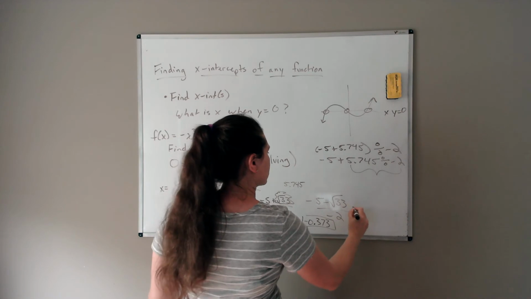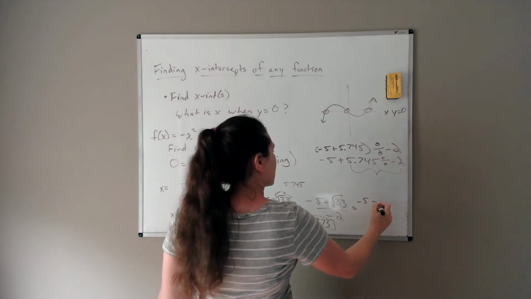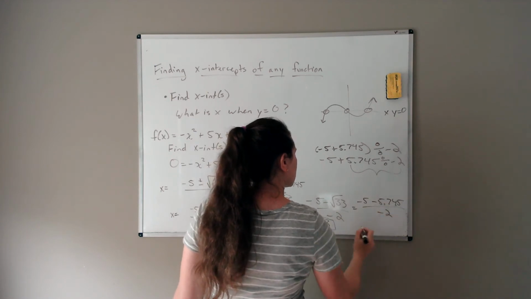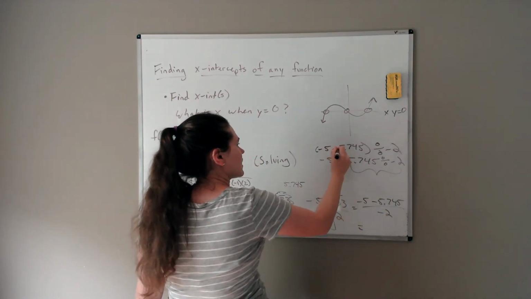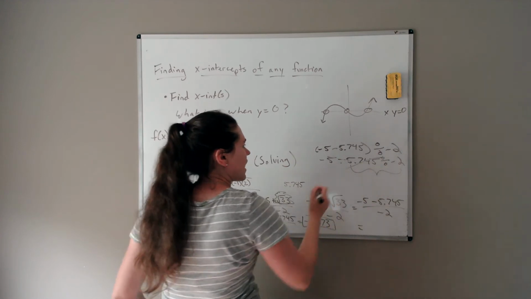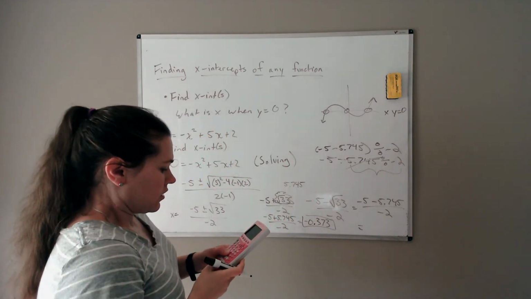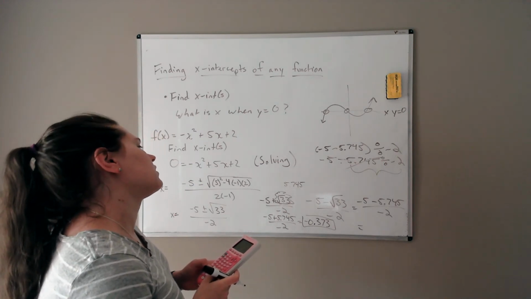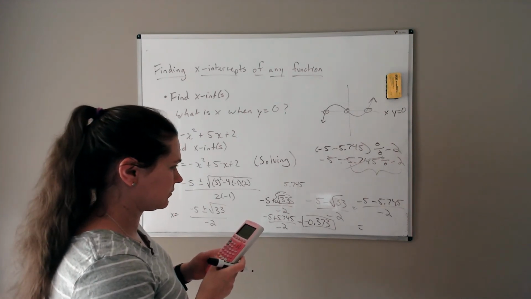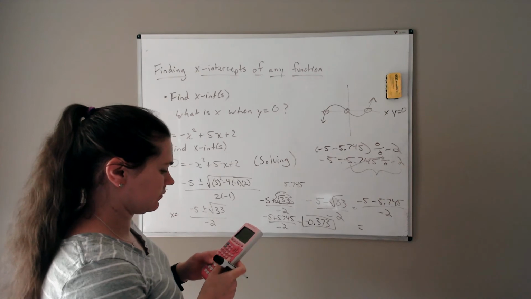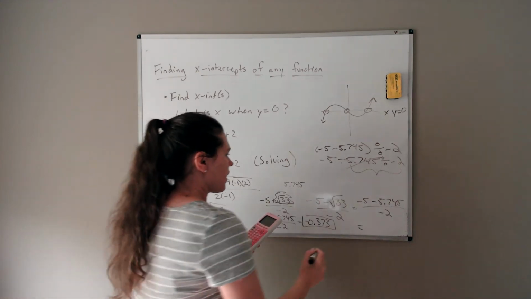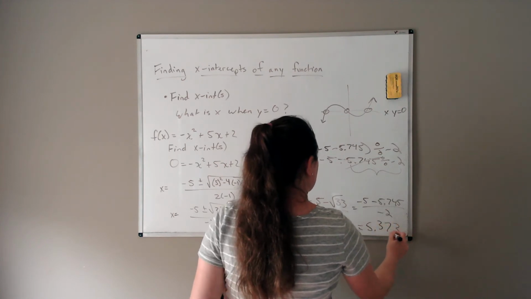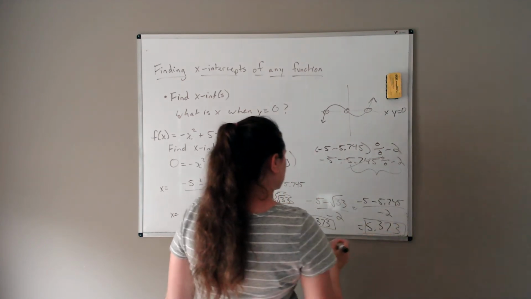Now the other x-intercept is negative 5 minus 5.745 over negative 2. Make sure you do minus. That gives us 5.373, our second x-intercept.